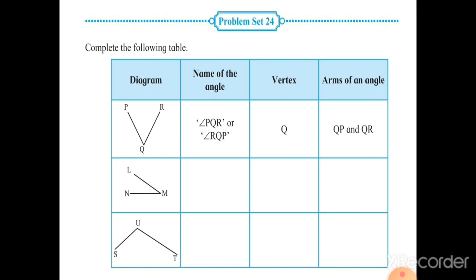Third one, SUT. Name of the angle will be angle SUT or angle TUS. Vertex U. Arms of an angle: US and UT.